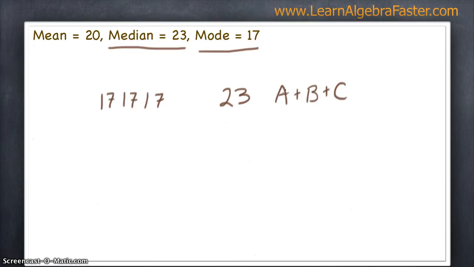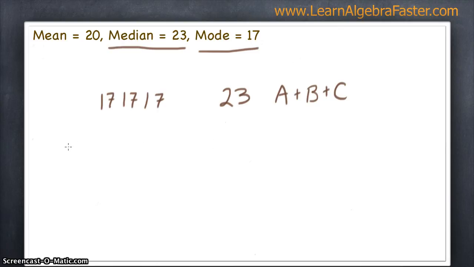Ideally, we would like for A, B, and C to be greater than 23 and also give us a mean of 20. So far we've satisfied 2 of the criteria, and let's see if we can satisfy the mean as well. The mean is when we add all these numbers up and divide by how many numbers there are.